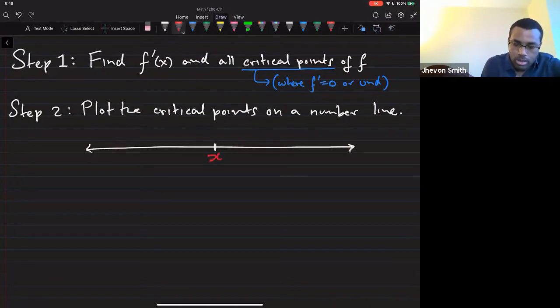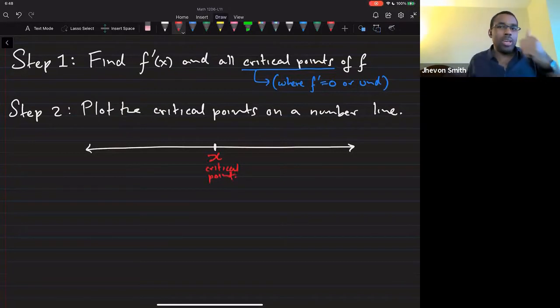X is a critical point. So that's a point where if I plug it into the first derivative, I would either get the answer 0 or I would get the answer does not exist.